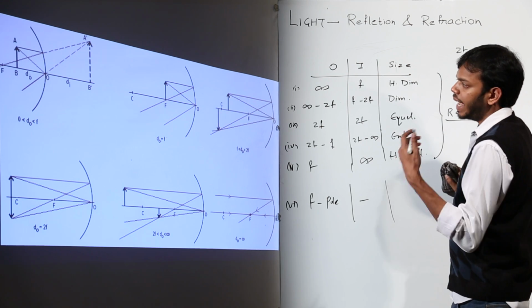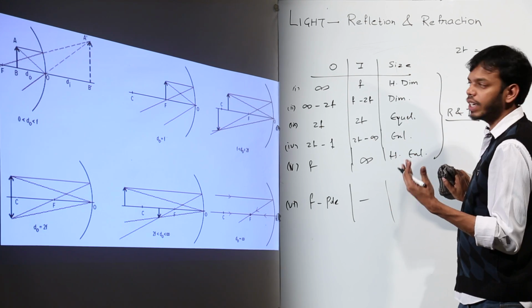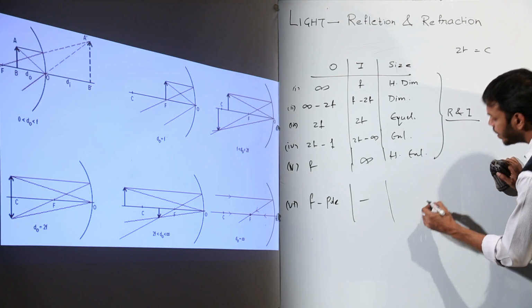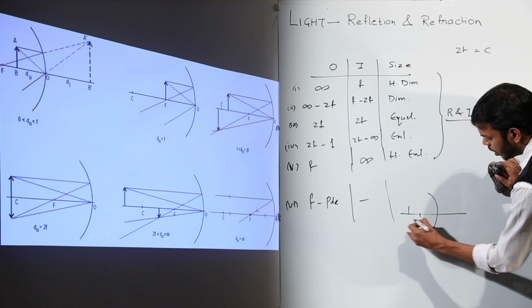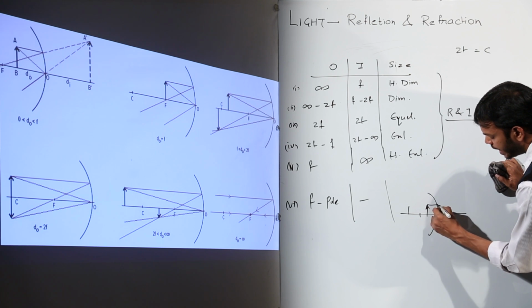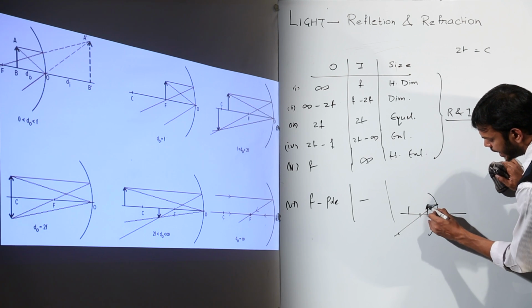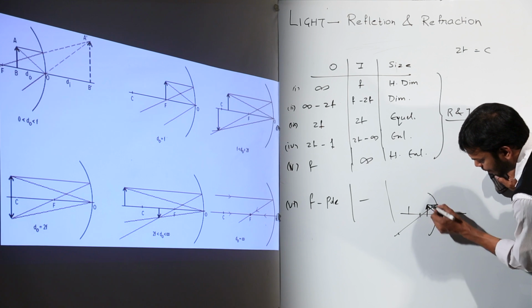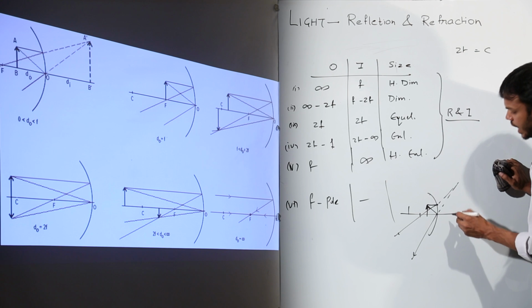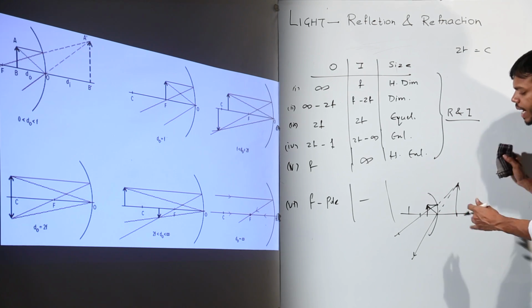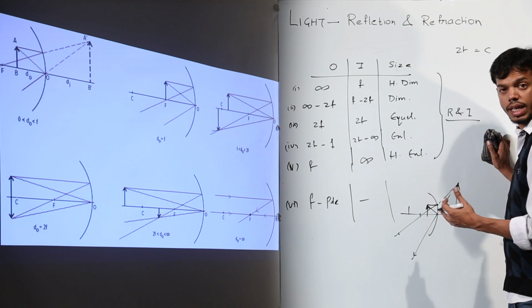Plus, in any case, it has to be a virtual image, because the ray diagram is something like this. This was our object. This ray has to pass through the focus, and the second ray has to reflect back at an equal angle. So when I extend both of these rays, I'll get the image on the opposite side, that means a virtual image, and it will always be enlarged, right?